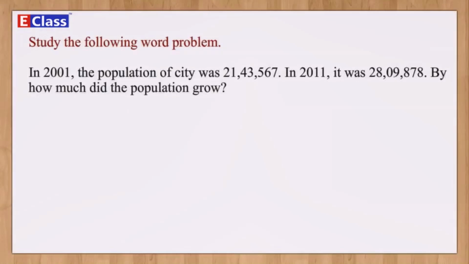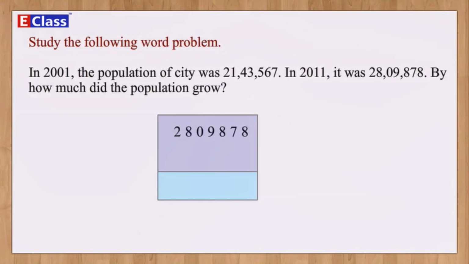Study the following word problem. In 2001, the population of a city was 21,43,567. In 2011, it was 28,09,878. By how much did the population grow? To get the answer of this problem, we have to subtract the population of 2001 from the population of 2011.